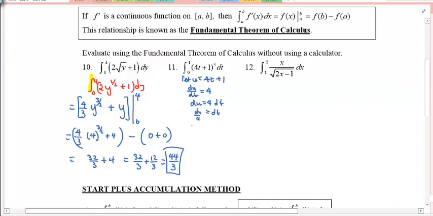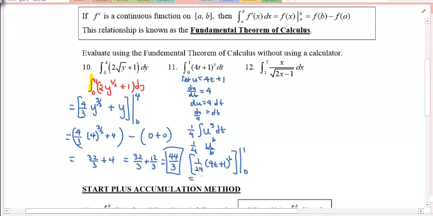So you can rewrite this as 1/4 the integral of u to the power of 5 du. That gives us 1/4 u to the 6 over 6, which is just 1 over 24 u to the 6. Now put the u back in, 4t plus 1 to the power of 6. And this whole thing gets evaluated from 1 to 0.